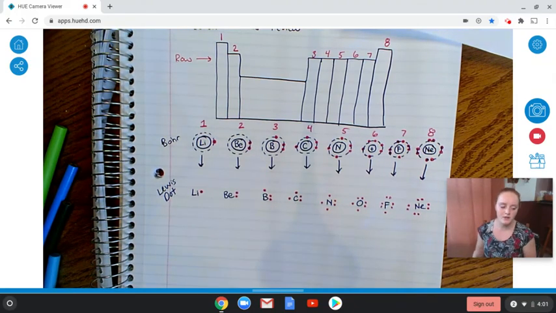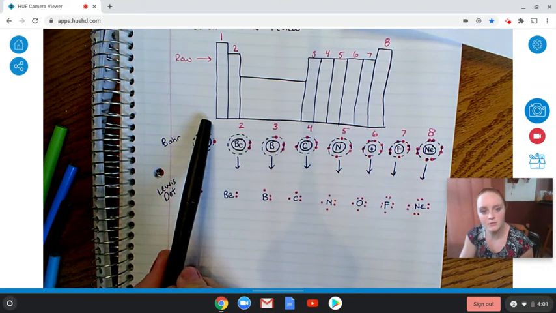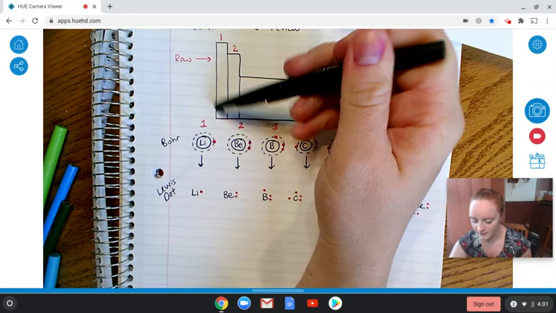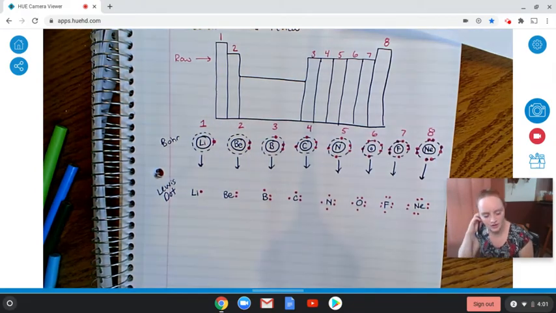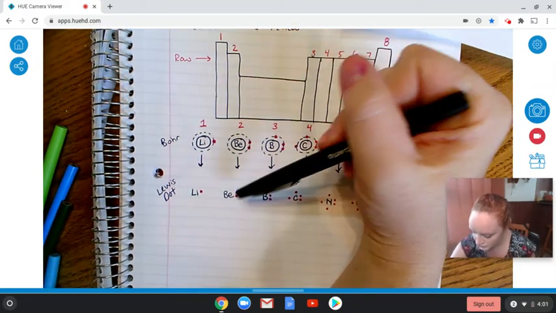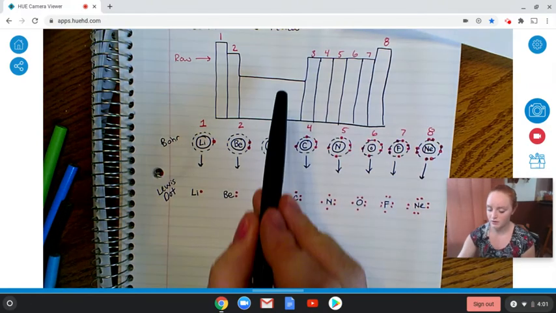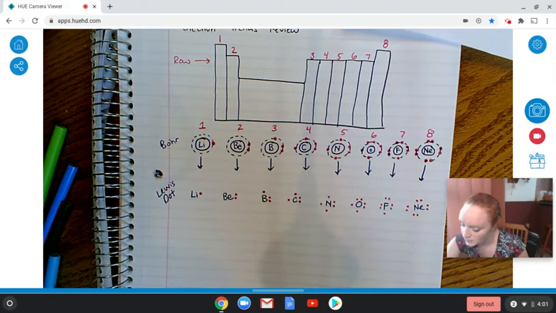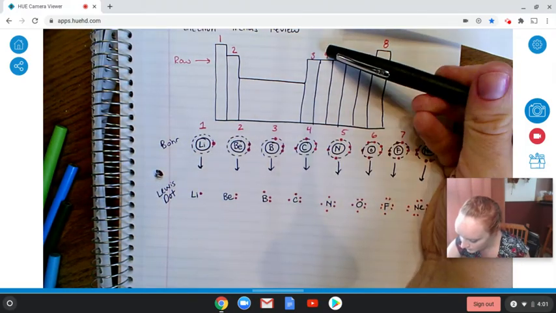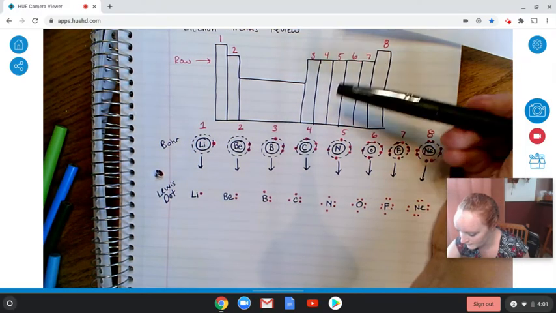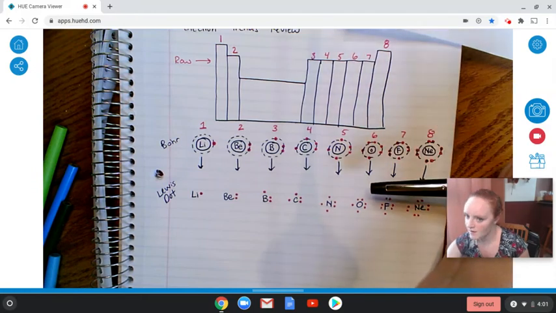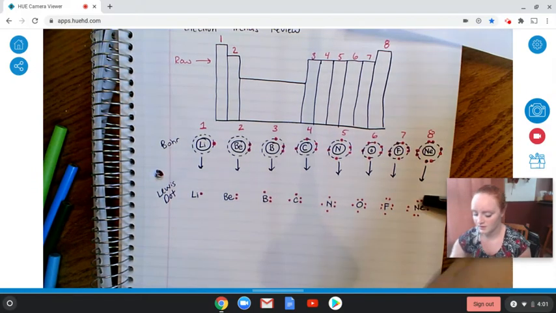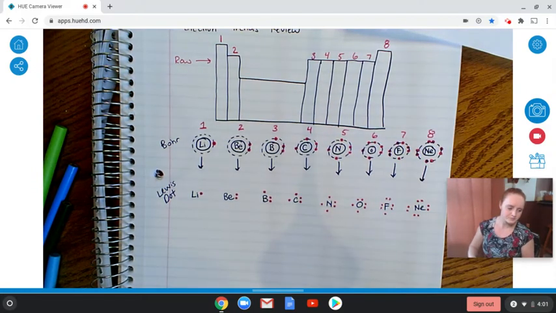And hopefully the pattern is obviously clear. Elements in column 1 have 1 valence electron. Elements in column 2 have 2. Skip the middle because they do funny things with their valence electrons. 3 has 3, 4 has 4, 5 has 5, 6 has 6, 7 has 7, and 8 has 8.